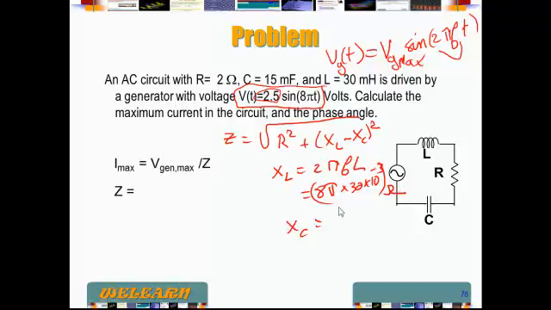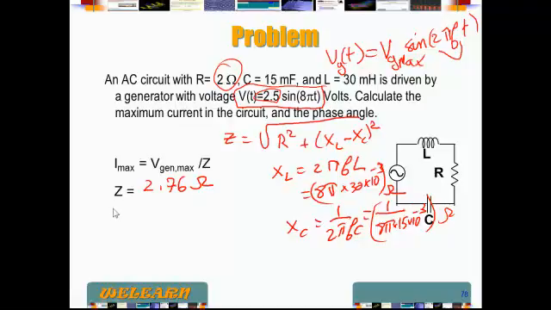XC, same kind of idea, 1 over 2 pi FC, and in this case 1 over 8 pi times 15 times 10 to the minus 3, and the answer comes out in ohms. Okay, once you calculate all of these and plug them in, remember your R is 2 ohms, we come up with 2.76 ohms.